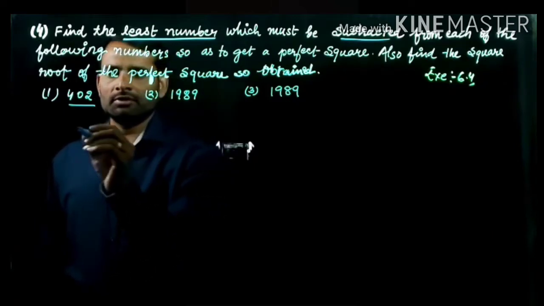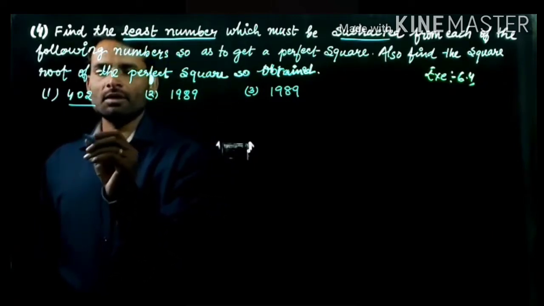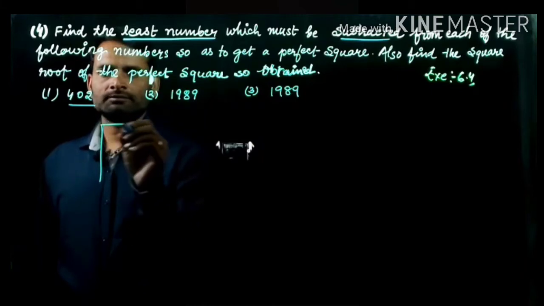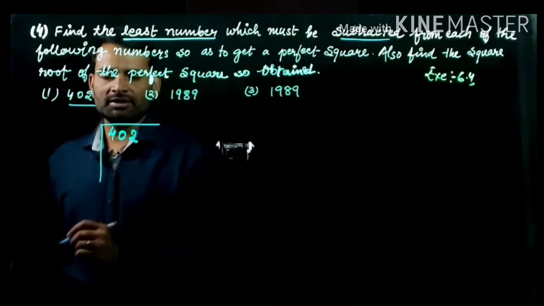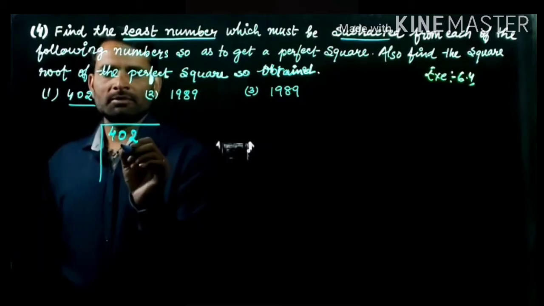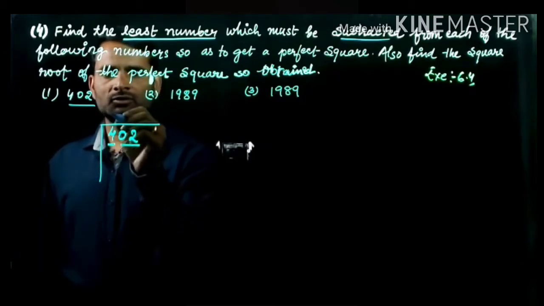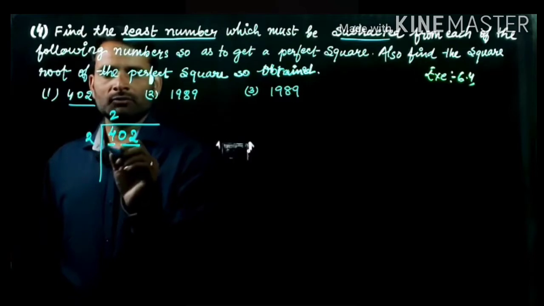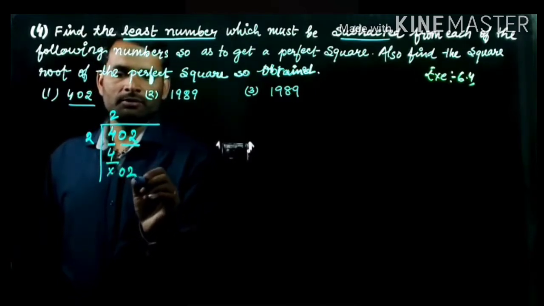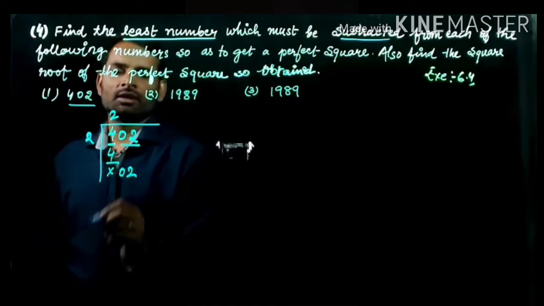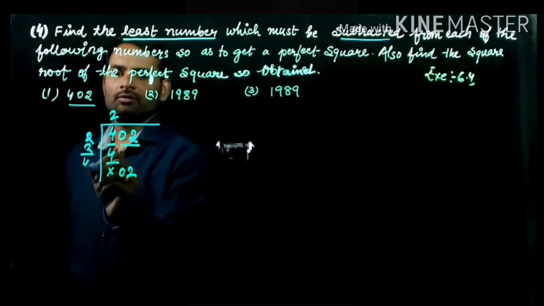402. So solve 402 by the division method. Find the square root. First, the first pair is 2 and 2 to the 4, so cancel; it is 0 and 2. Okay, that is 2 and 4.